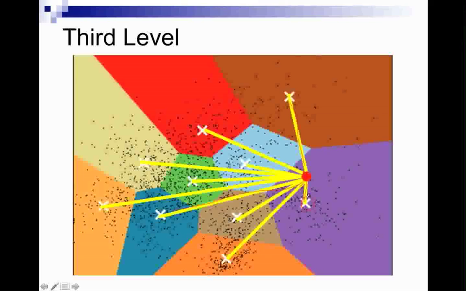For example, if this centroid is the closest one to my new data point, I just assign this color to this data point, meaning the label.